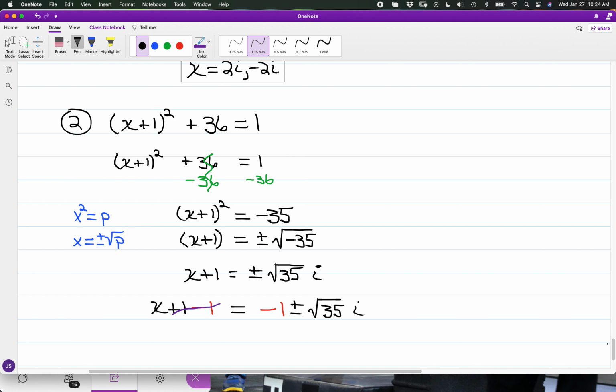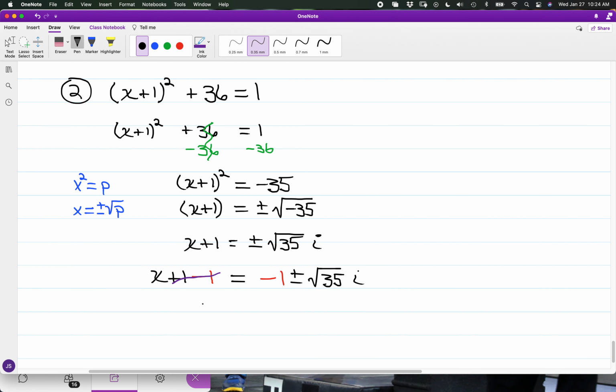So for the compact solution, we have x equal to negative 1 plus or minus the square root of 35 times i.